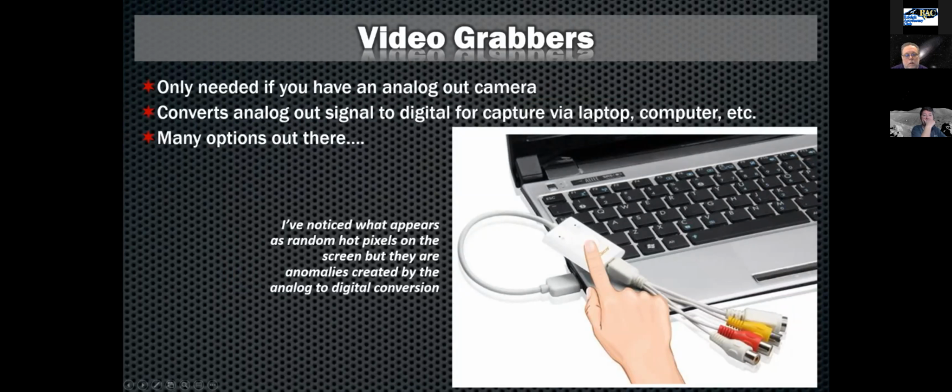The best that I can understand it is that these are aberrations created when the signal has gone from digital, because obviously you are using a sensor, so it's digital there, converting that to analog and back to digital, you just get some weird anomalies.